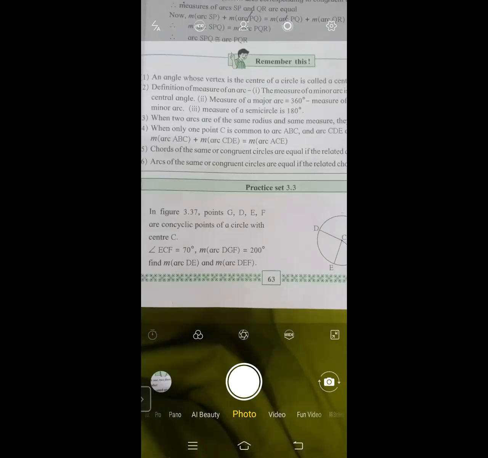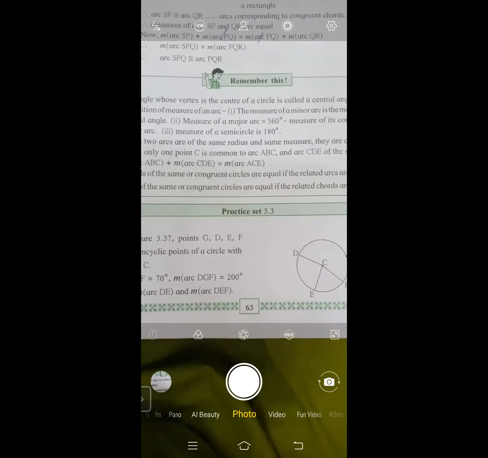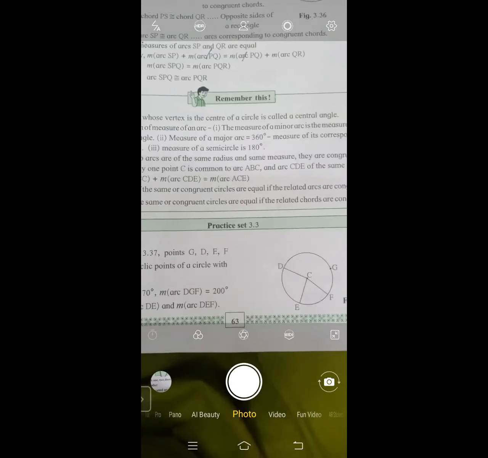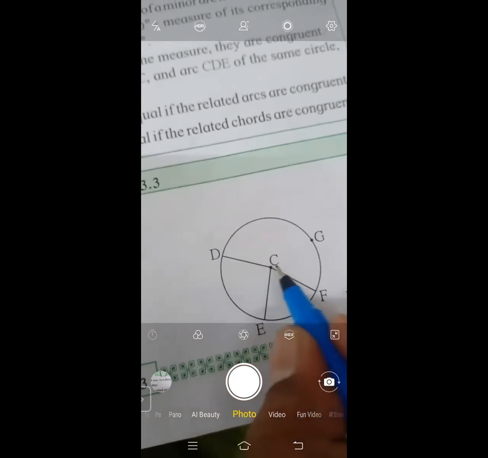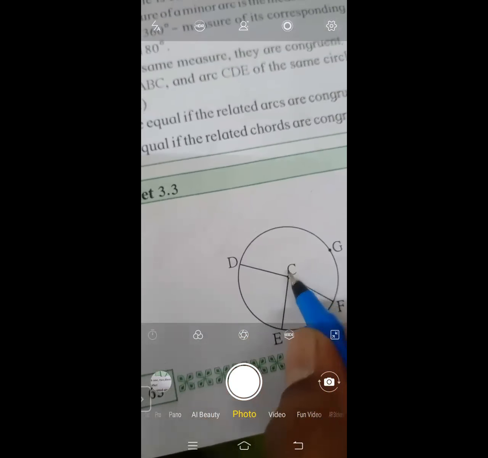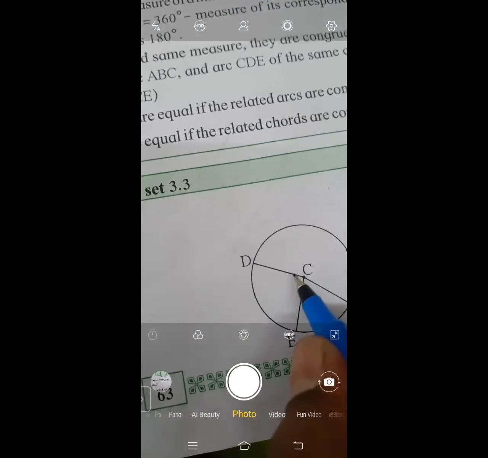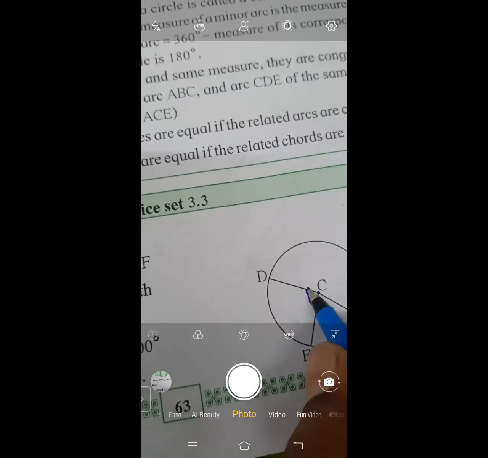An angle whose vertex is the center of the circle is called a central angle. Yes, the angle whose vertex is at the center of the circle. You can see that this is the center of the circle C, and the angle's vertex is also at the center of the circle. So this angle DCE will become a central angle.